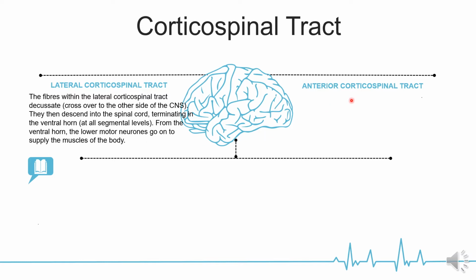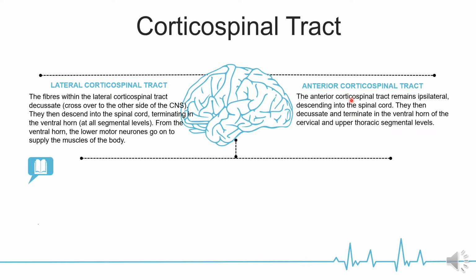For the anterior part, the anterior corticospinal tract remains ipsilateral, descending into the spinal cord. Then they decussate and terminate in the ventral horn of the cervical and upper thoracic segmental levels. So that's the difference. The lateral corticospinal tract terminates in the ventral horn at all segmental levels, while the anterior terminates in the cervical and upper thoracic segmental levels.